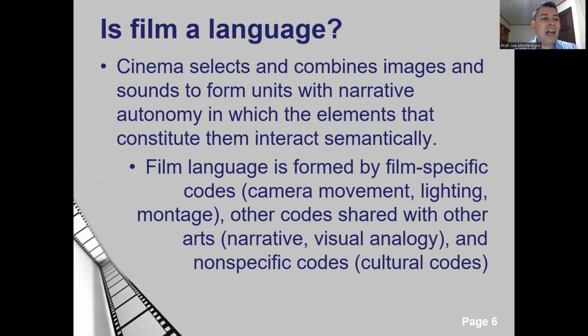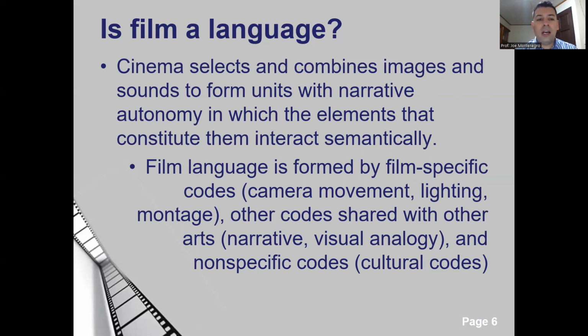For example, especially in Hollywood films, we rely on the star system. So we watch a movie because Jason Momoa is in it, right? And we like his acting, or we like the way he looks, or we prefer a Lady Gaga film because we're fans of Lady Gaga. So all of those codes that are cultural also influence the meaning of films.